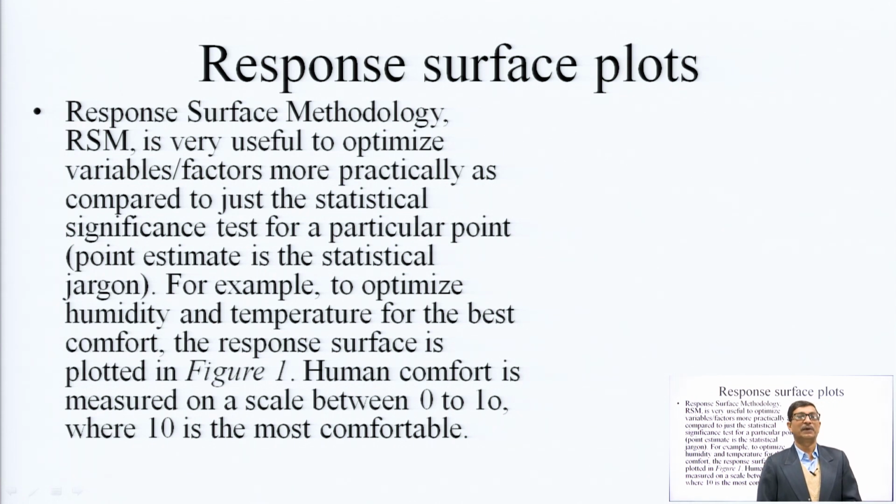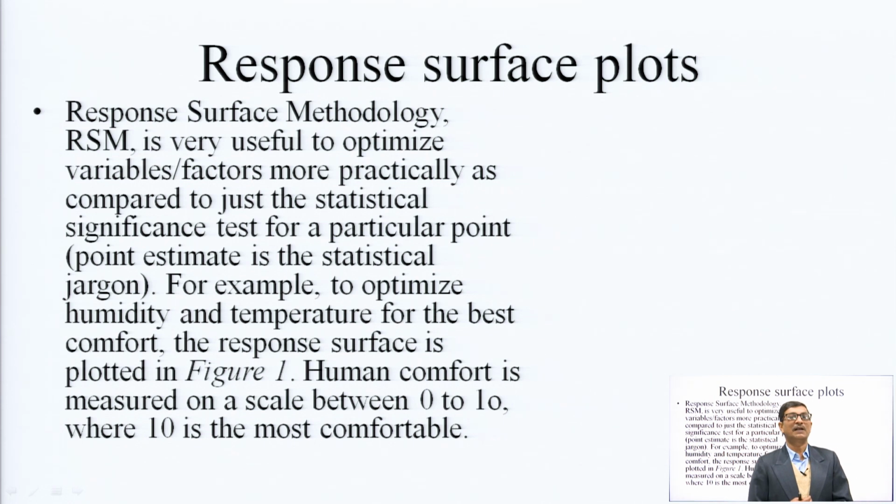In this example, humidity and temperature are independent variables and comfort is the response variable, which is also the dependent variable, as comfort depends upon humidity and temperature. The response surface is plotted on the next slide.